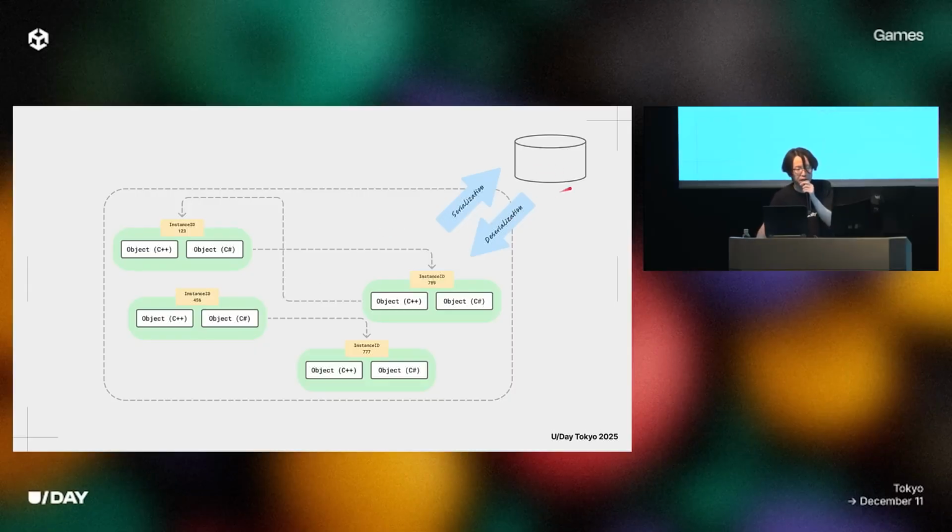In other words, it can save that set of instances to a file or to memory. And of course, deserialize it too. That means Unity can restore this state from data saved in a file, including all cross-references. This mechanism is used not only for saving scenes, but throughout Unity. I'll explain that in more detail later.